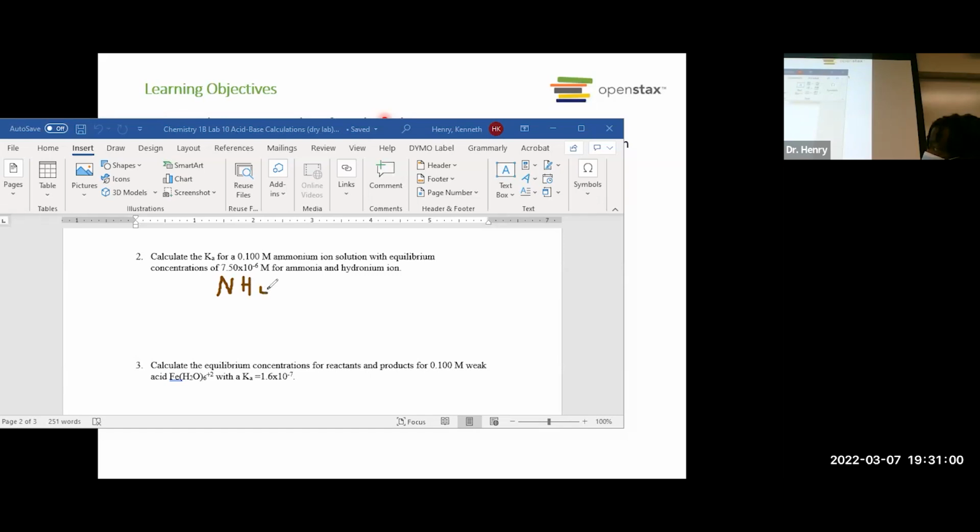So we have NH4 in equilibrium with, technically, this, right?